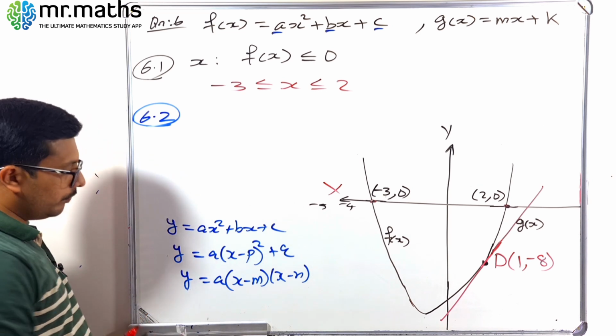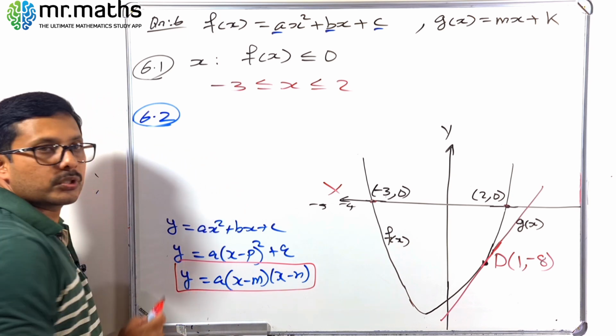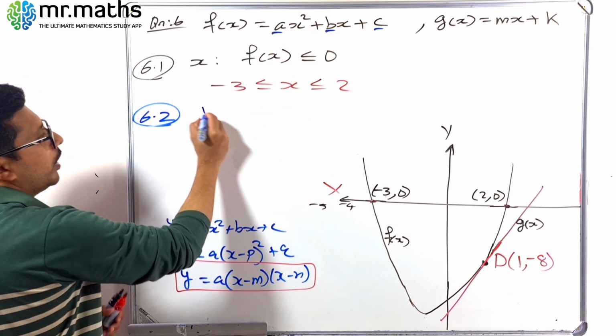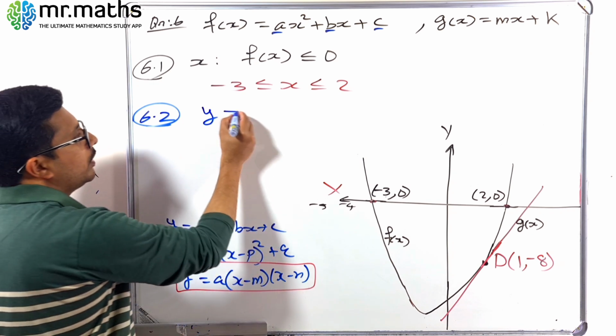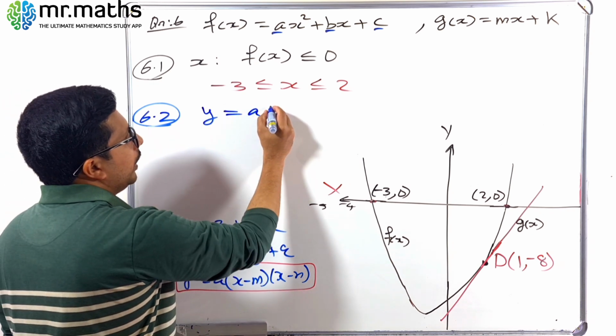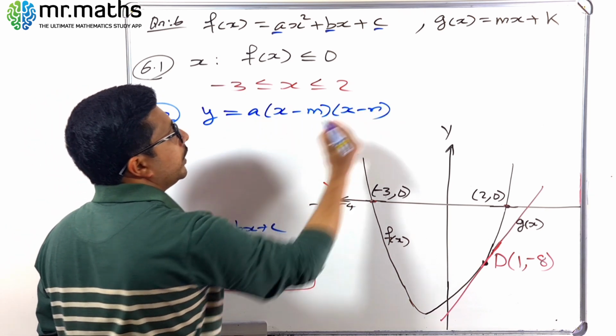Anyway, we are going to use this formula to answer this question, to find the values of a, b, c. So now y is equal to a into x minus m into x minus n.